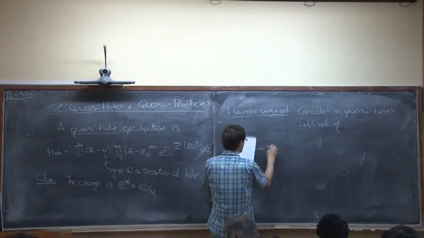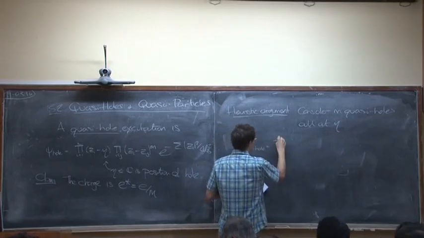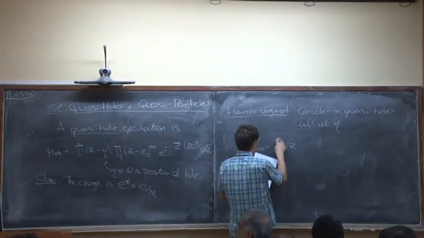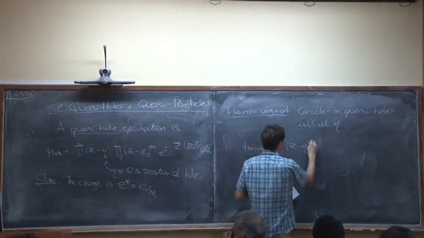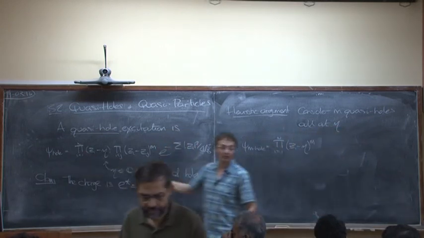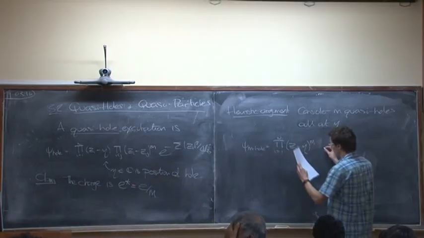Then the wave function for m quasi-holes, you just multiply m... You just put m factors of this in the wave function.